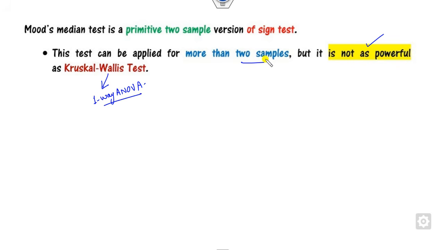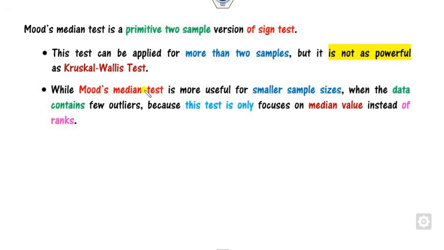Why is it not so useful? Because this median test uses only the median value, not the positions. This median test is more powerful when you have a smaller sample size, but whenever the data is larger, you have to use the Kruskal-Wallis test. Why?